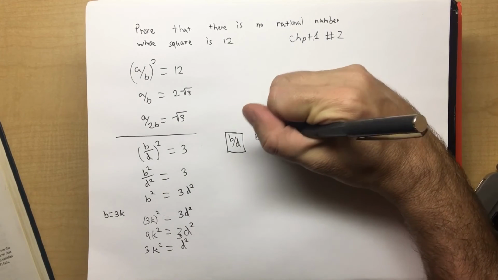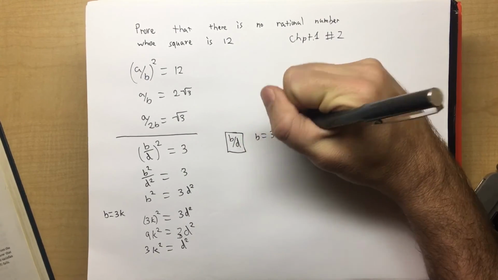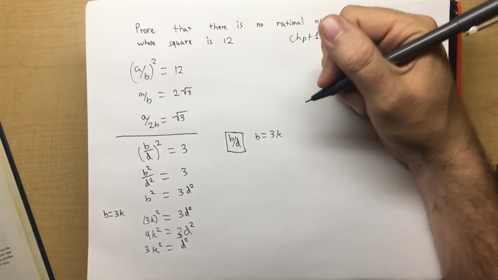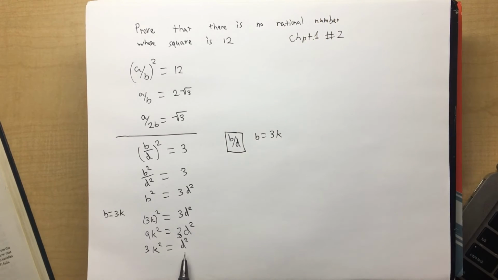So we know that b equals 3k, or 3 is a factor of b. Here, d squared is 3k squared. We know that 3 is a factor of d squared. And if it's a factor of d squared, then 3 is also a factor of d.